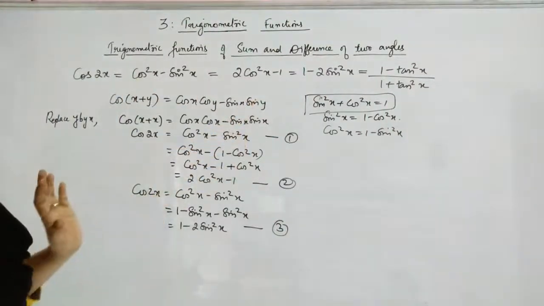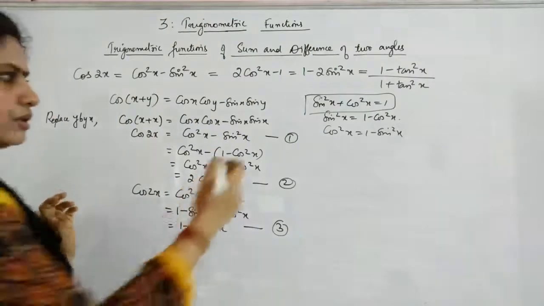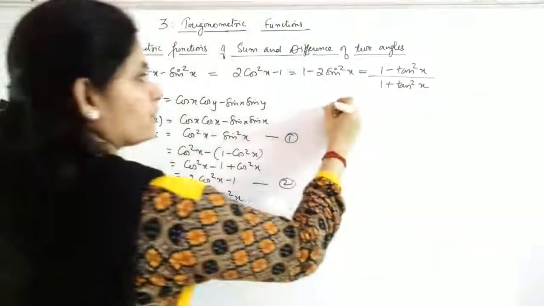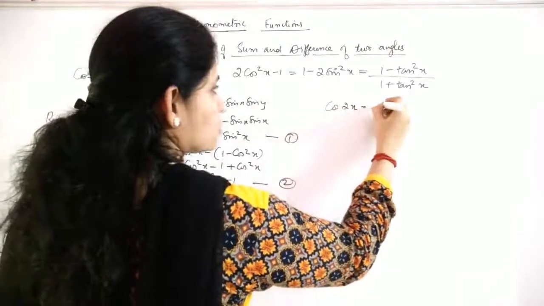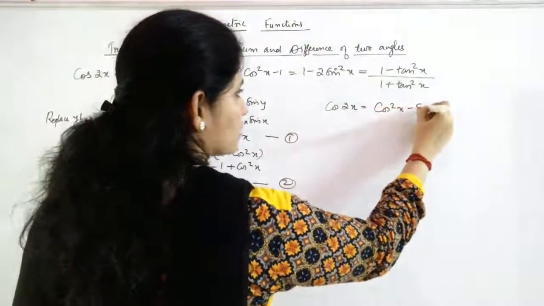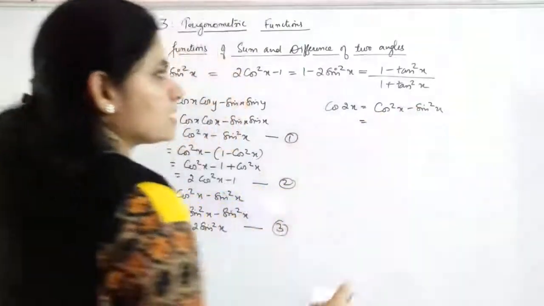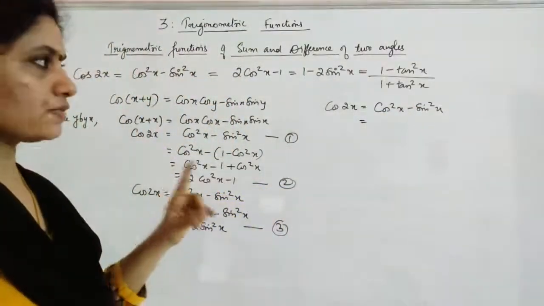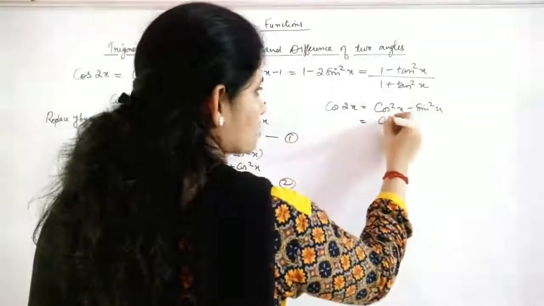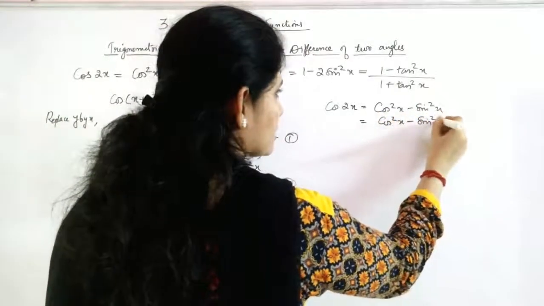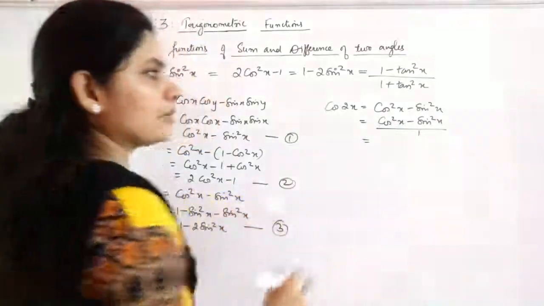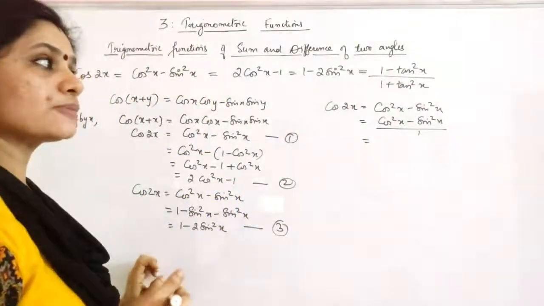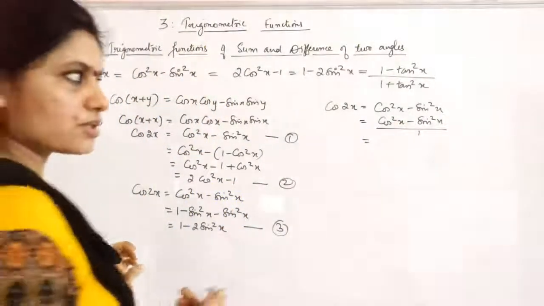For that again we will start with cos square minus sin square. So we are starting with cos 2x is equal to cos square x minus sin square x. Now what we are doing is writing the denominator as 1, so cos square x minus sin square x whole divided by 1. Now this 1 will be replaced with sin square x plus cos square x. Why? Because sin square x plus cos square x is 1.